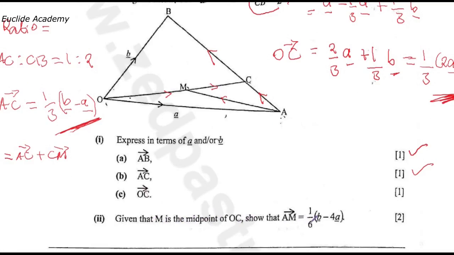So MC is half of this vector. We'll say the vector MC is equal to half times the vector OC.